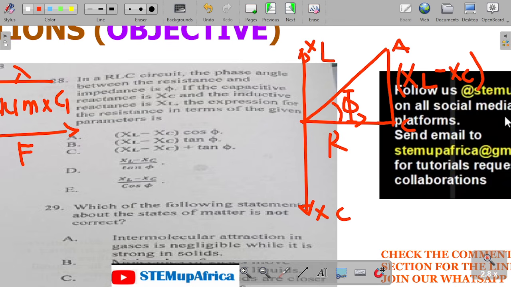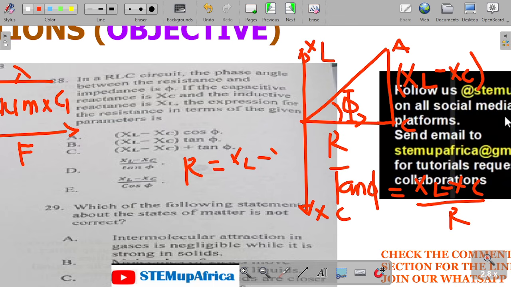I can calculate the phase angle using opposite over adjacent, so tan phi equals XL minus XC over R. We are looking for the expression for the resistance, so the resistance will simply become XL minus XC over tan phi, which is option D.